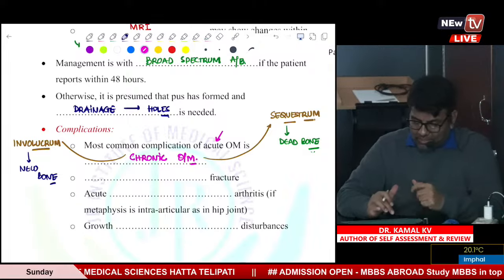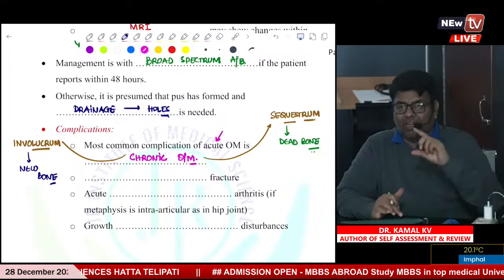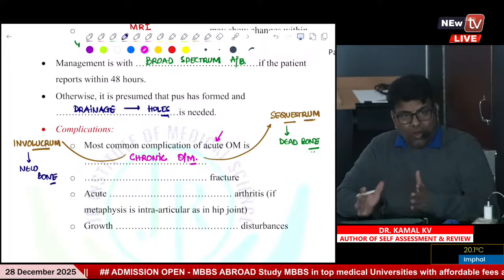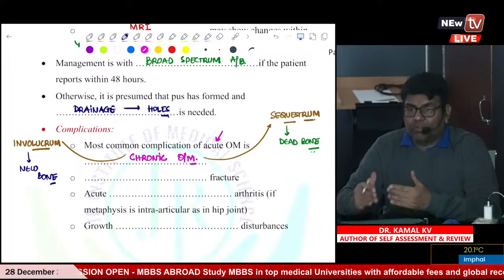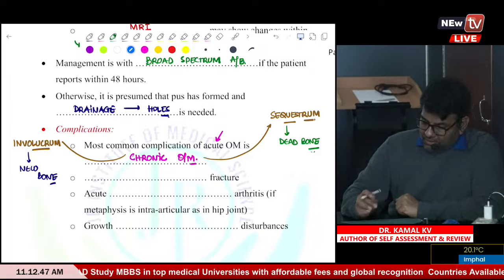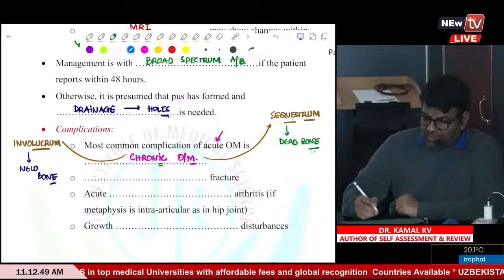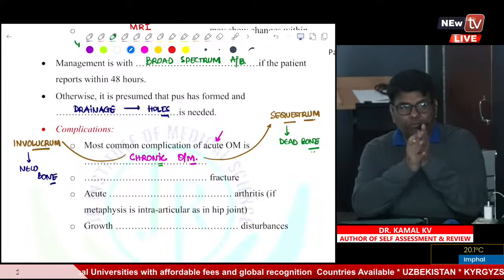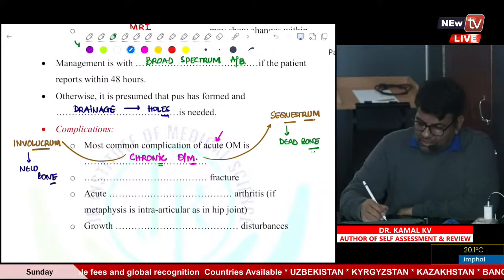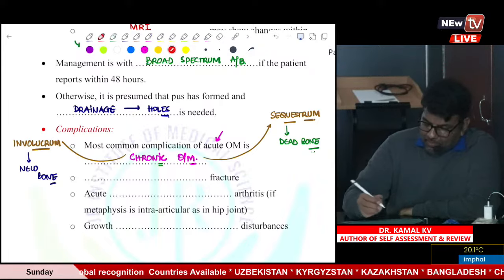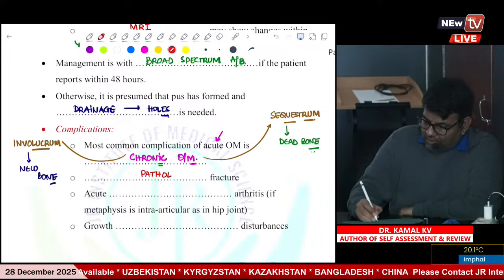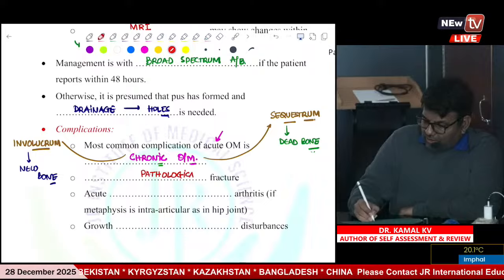So that new bone is involucrum, and it is an attempt by the body to minimize the loss because of formation of sequestrum. And once there is chronic osteomyelitis, the strength of the bone is weak and it can fracture with minimal trauma. Such type of fractures are known as pathological fractures.